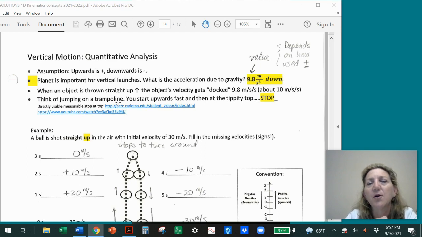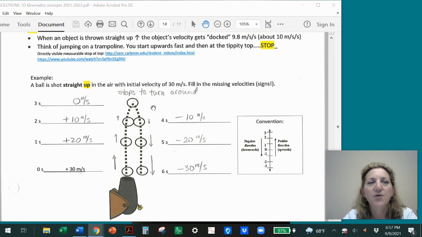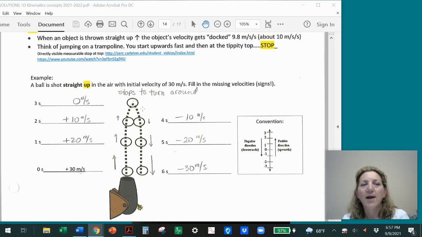So think of jumping on a trampoline. You start upwards really fast from the bounce, right? You go up and then you slow to a stop and then you start falling again downwards and go faster, faster towards the trampoline.